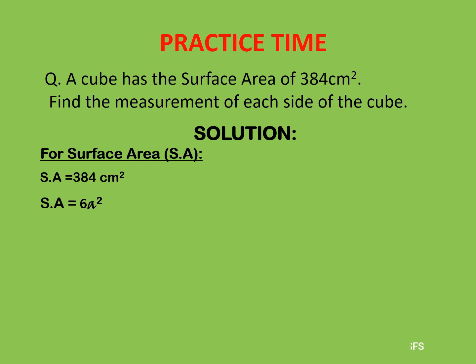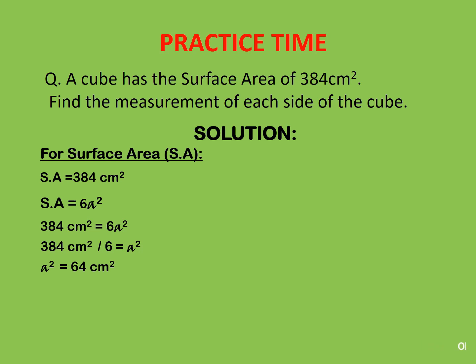Basically, we have to find out the value of a here. Surface area is equal to 384 centimeters square, which we will substitute. And then 6 will be transposed on the other side. It is being multiplied with a, so it will get divided on the other side. And we will get a square is equal to 64 centimeters square.